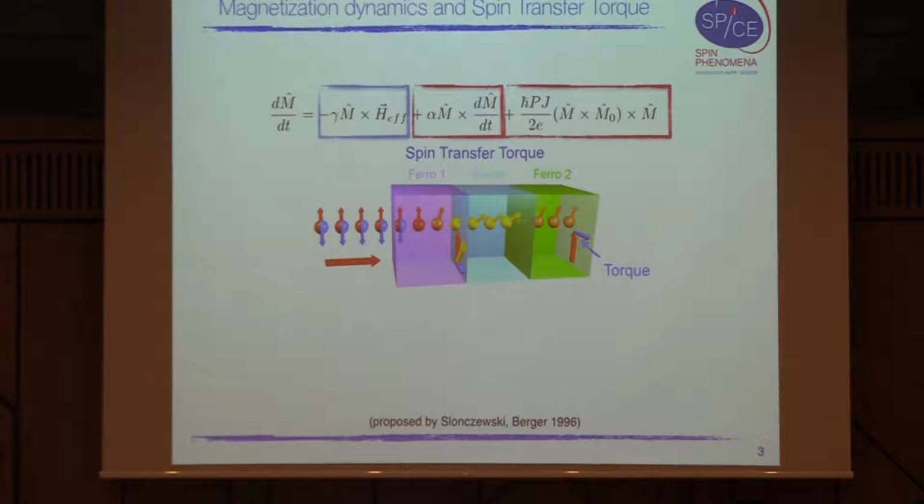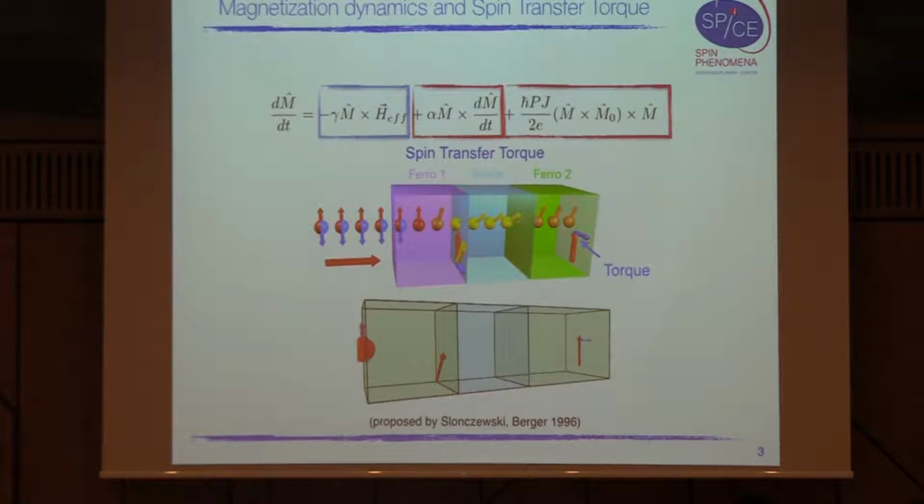Besides that, in a tri-layer system, as was pointed out in 1996 by Berger and Slonczewski, you can have a transfer of angular momentum from one ferromagnet to the other via a spacer, where effectively the electrons are polarized in one ferromagnet, go through an intermediate layer, and impinge into another ferromagnet, and that ferromagnet is absorbing the angular momentum.